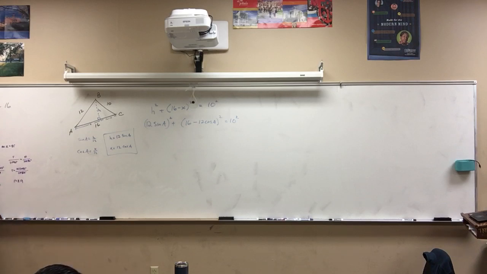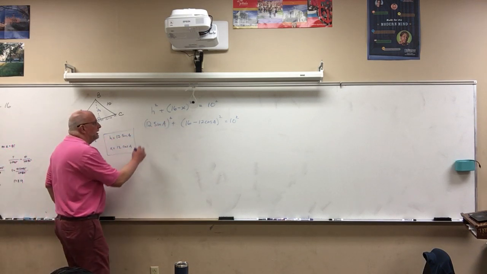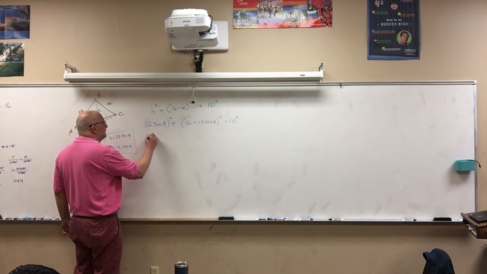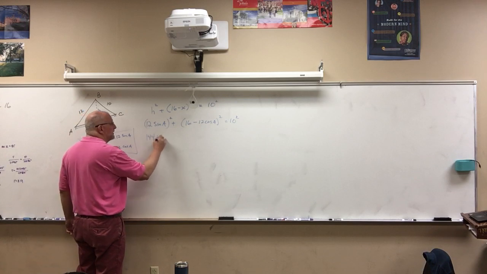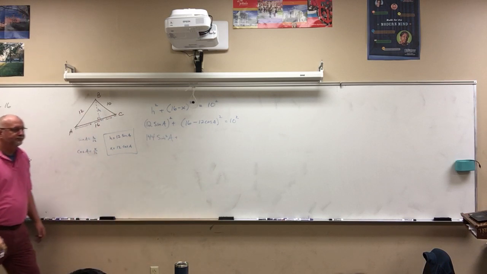I'm just substituting it. Good. Everybody's all right. Okay, 12 sine of A squared is going to be 144 sine squared A.